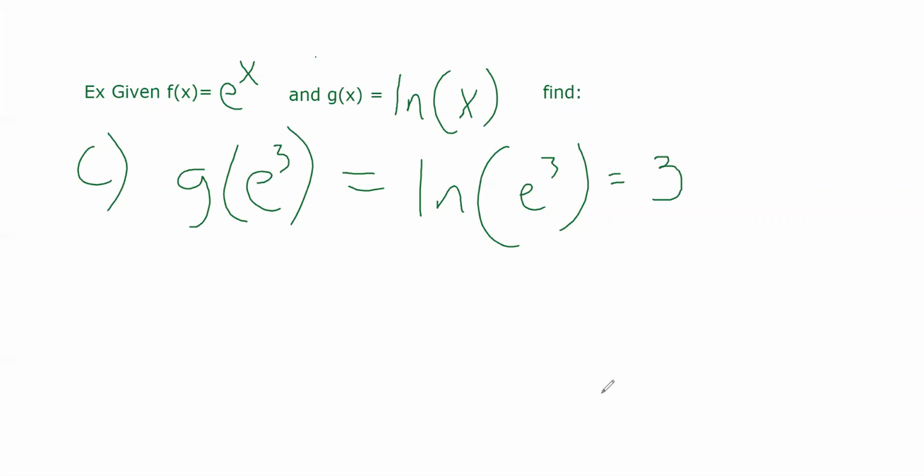Another better way to see it is, remember, the ln is a log with a base of e. So if you want to write it in logarithm terms and see what the base is, this here can be rewritten as log base e of e cubed.